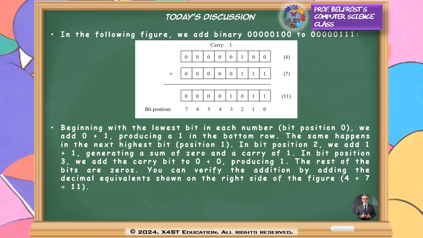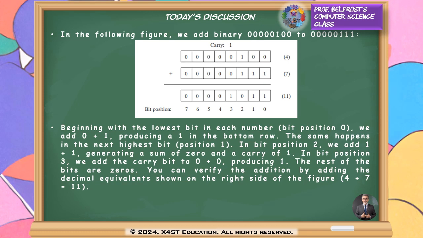Okay, here is how to add, for example, the binary 00001000 to 00000111. Here's that example. This is not a question that will appear in your exam paper, it is just an example. So let's analyze the figures.